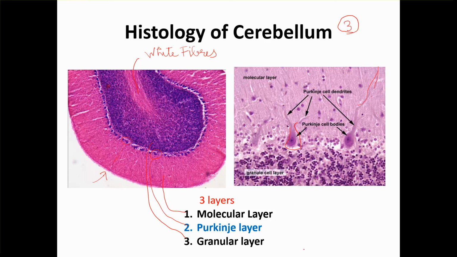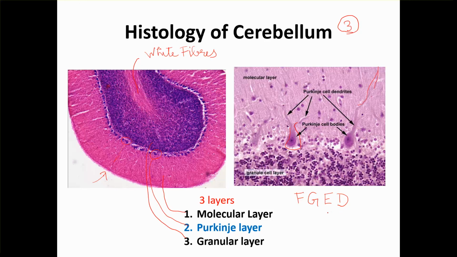What are the nuclei? Just quickly I will tell you the nuclei of the cerebellum. We have fastigial, then globose, then emboliform, and then dentate. The dentate is related to the most recent phylogenetic development.